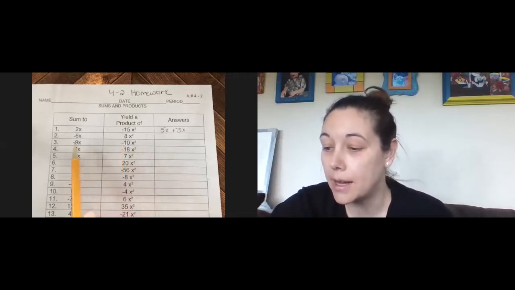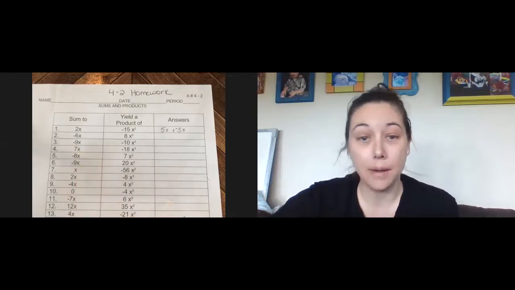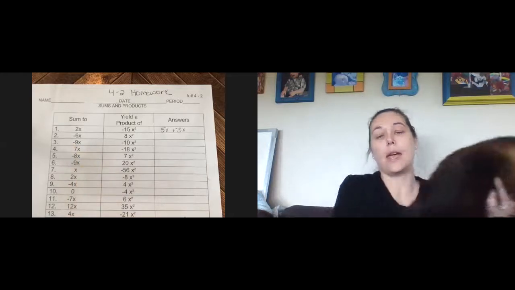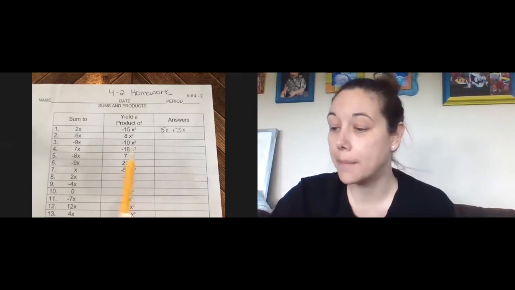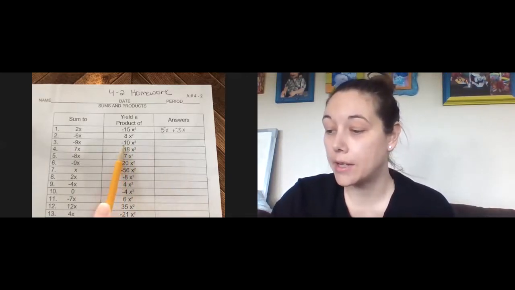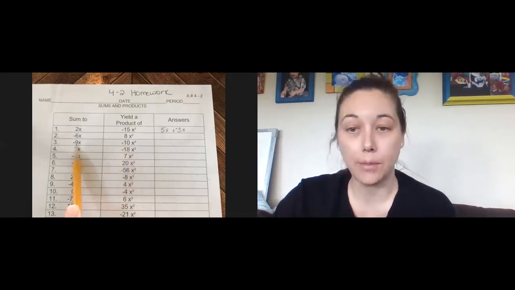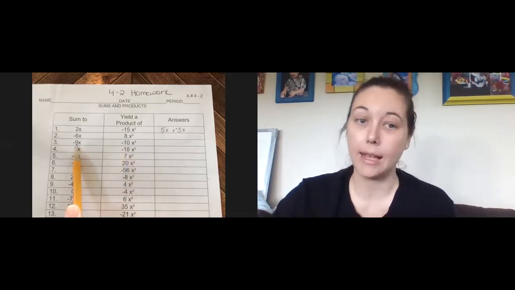We've got a negative product and a negative sum too. So that means that the larger number in our factor needs to be negative so that when we add them together, we get a negative number.